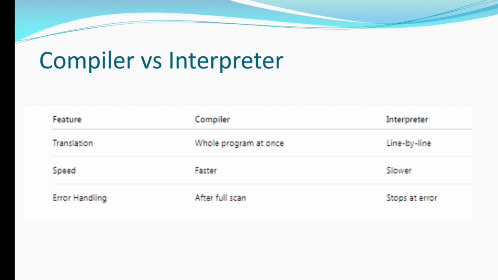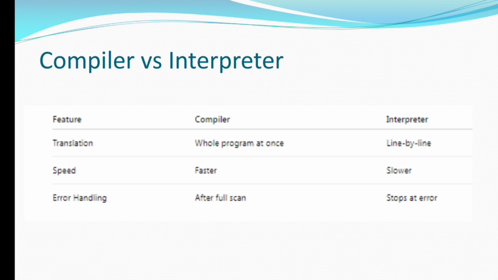Otherwise, it will not move to the next line, it will not execute. The compiler checks the entire code, but the interpreter executes line by line. If you get an error at the first line itself, it does not execute the remaining 99 lines. So this happens with an interpreter.